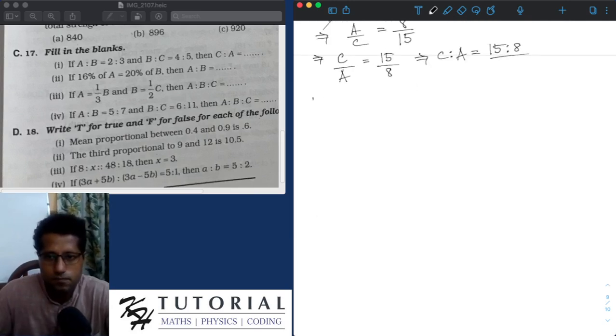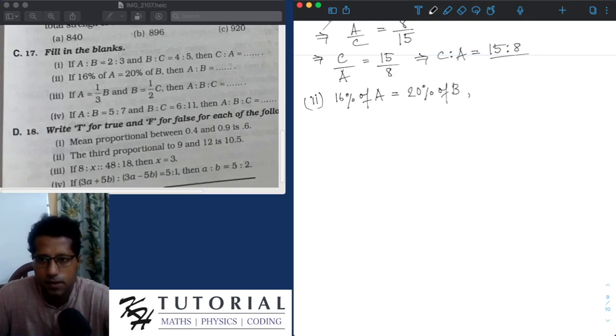Part 2. It is given that 16% of A equals 20% of B. Then A is to B, we have to find.